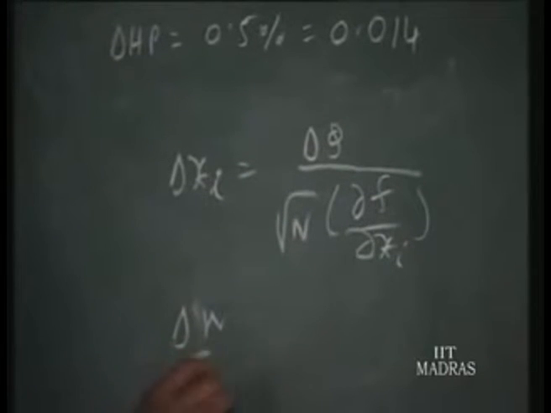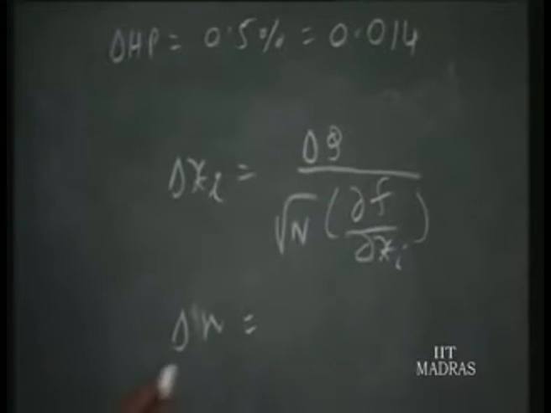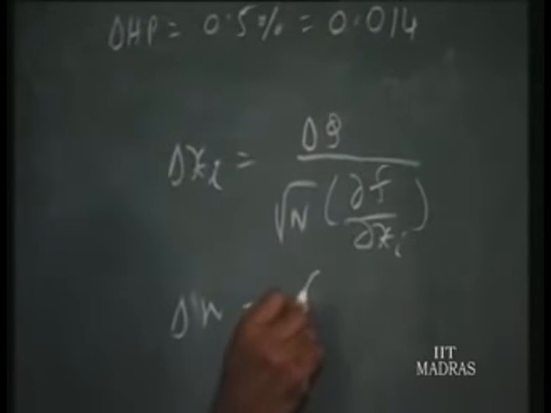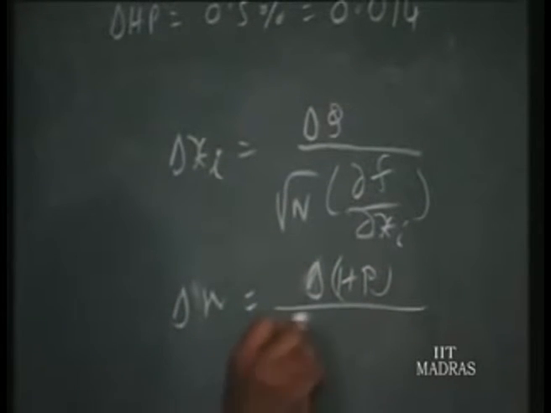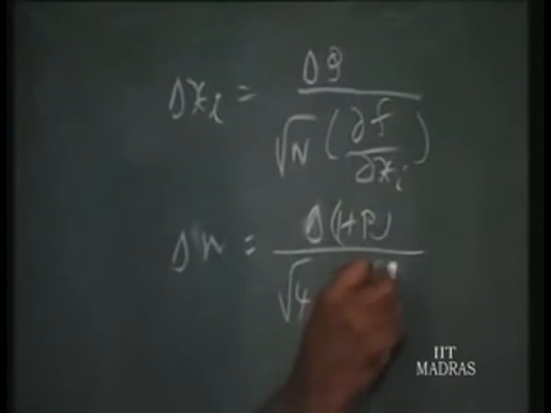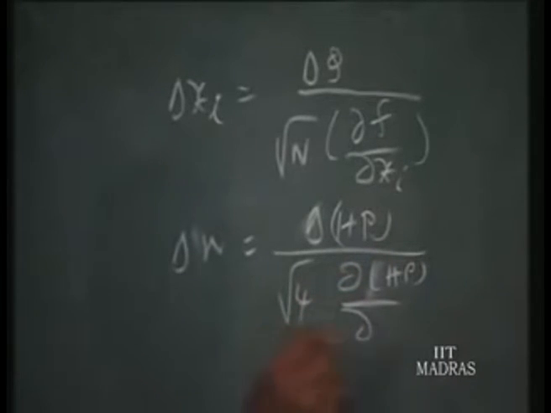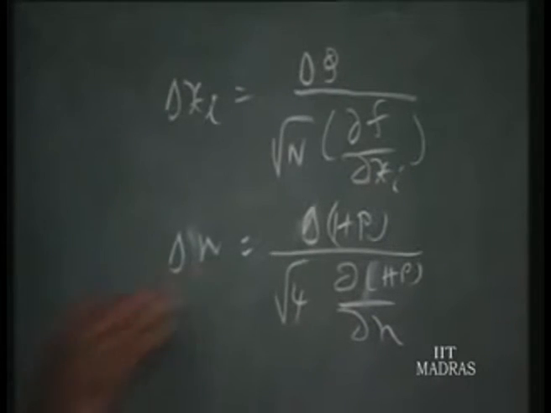The xi term here is n, rotations. Delta q is delta horsepower for this problem, root n is here 4 as there are 4 measurements, and then dou hp by dou n. So, this is the equation for the instrument for rotational measurement.